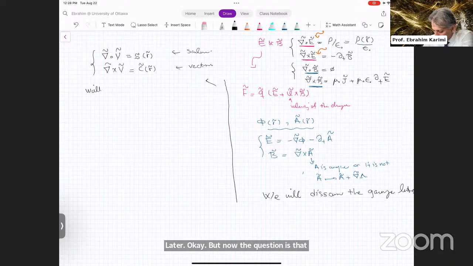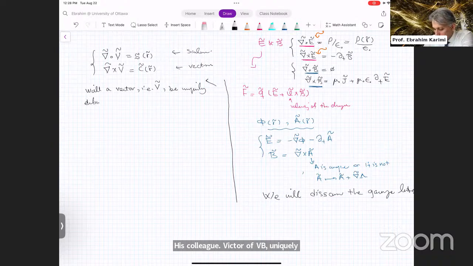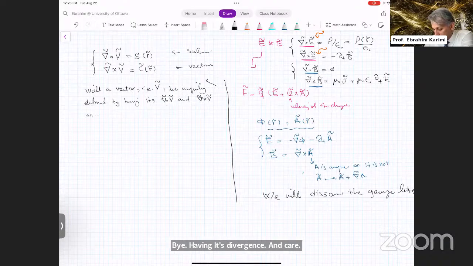Now the question is: will a vector, let's call it the vector V, be uniquely defined by having its divergence and curl on a space?